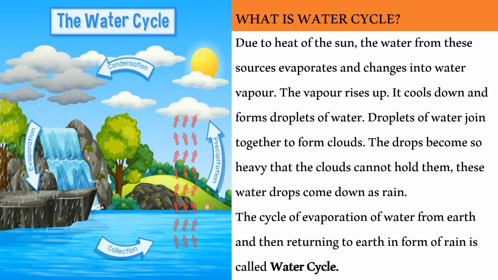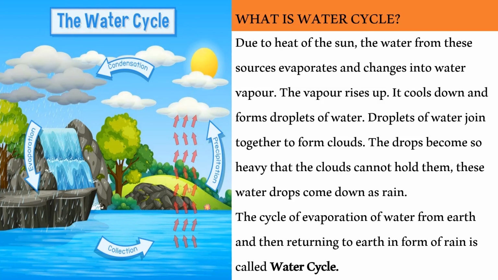So this cycle of evaporation of water from earth and then returning to the earth in the form of rain is called water cycle. So water evaporates, it goes up, it forms clouds, it comes down again. When it goes up, that becomes condensation, and when it's coming down, that is precipitation.